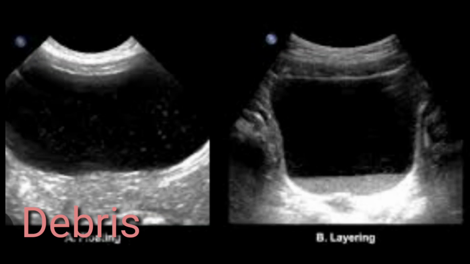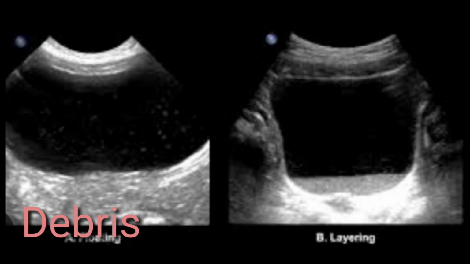So compare it with the right side supernatant part. The supernatant part is anechoic, there are no low level internal echoes, while on the left side there are low level internal echoes, and on the right side there is debris. So these are very classical examples to appreciate anechoic lumen, low level internal echoes, and debris.